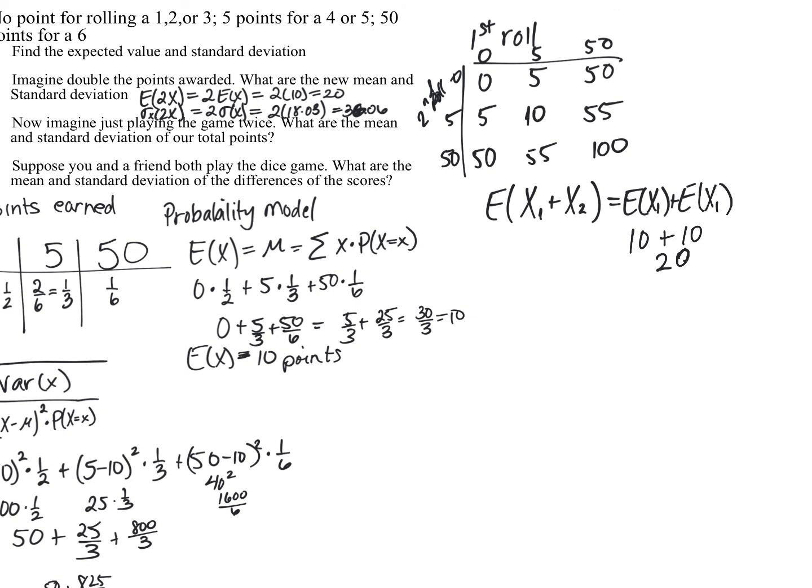And my standard deviations, though, we said the variances of x1 plus x2 adds. So that's the variance of x1 plus the variance of x2. That's playing the game the first time and playing the game the second time. But the variance is the standard deviation squared, right? So the standard deviation squared, because I don't have the variance number.